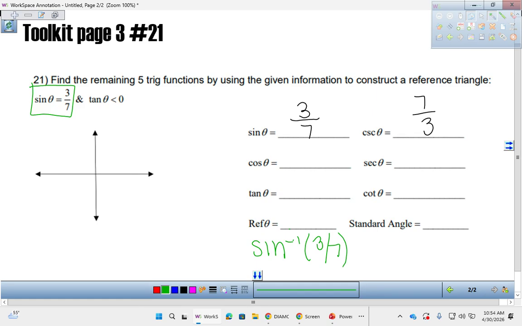I can already find the reference angle before I do anything else. If I have a trig function, sine, that has a button on the calculator, then I can solve the equation. So I can do the sine inverse of 3/7 and find that reference angle already before I even have the triangle. So let's see what it is.